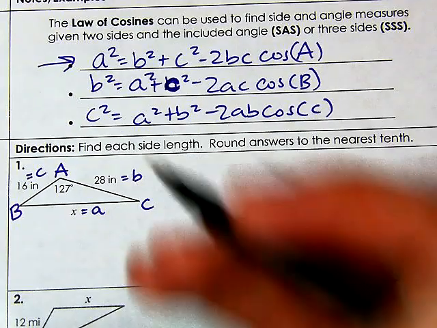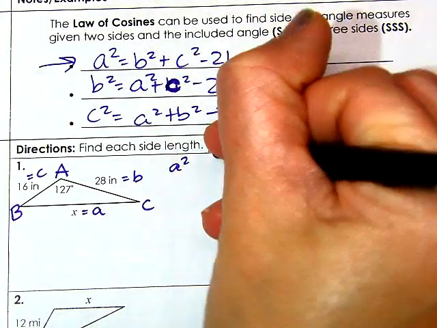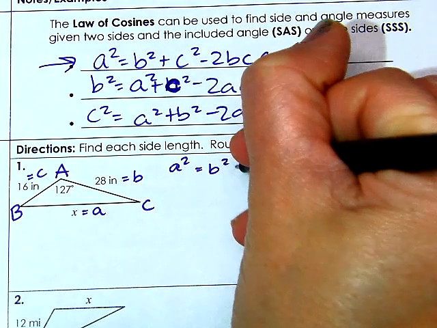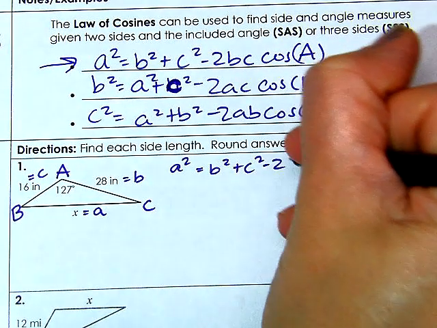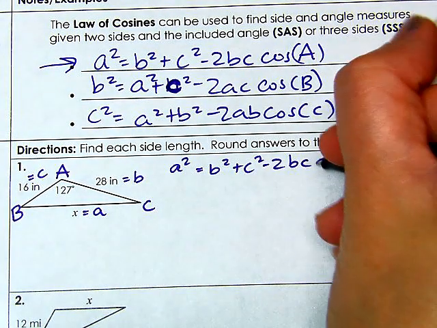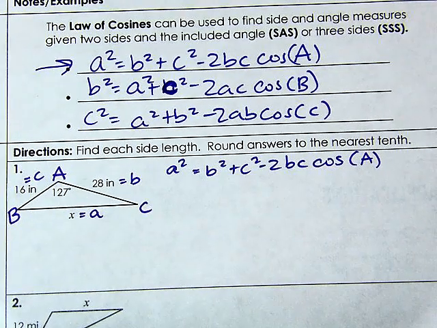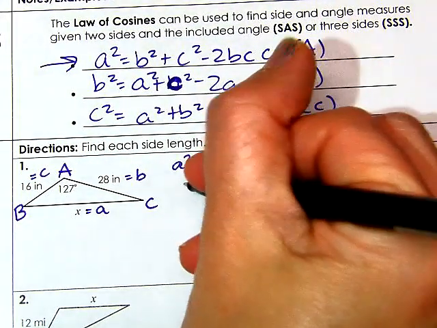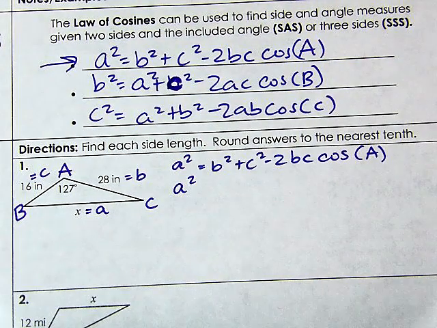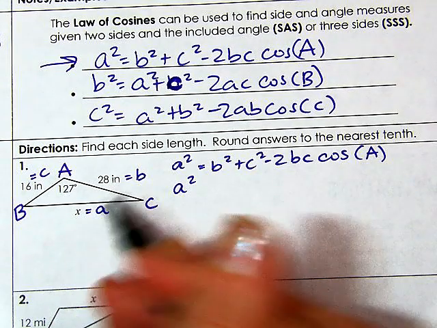So I'm going to use my formula. It says A squared equals B squared plus C squared minus 2BC times the cosine of angle A. So plugging numbers in, I'm still looking for A squared because that's my missing side.